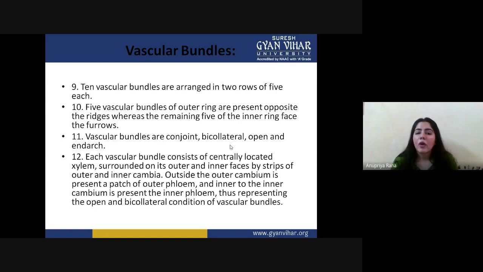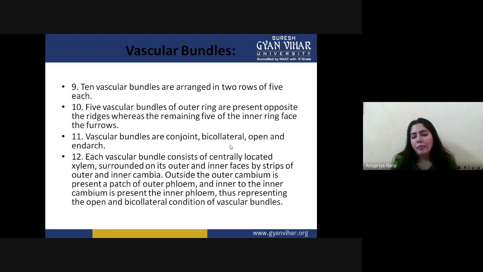But in the case of the stem, there will always be a condition where the direction of growth points toward the inside, not outside. Here, each vascular bundle consists of centrally located xylem, surrounded on its outer and inner face by a strip of outer and inner cambia.